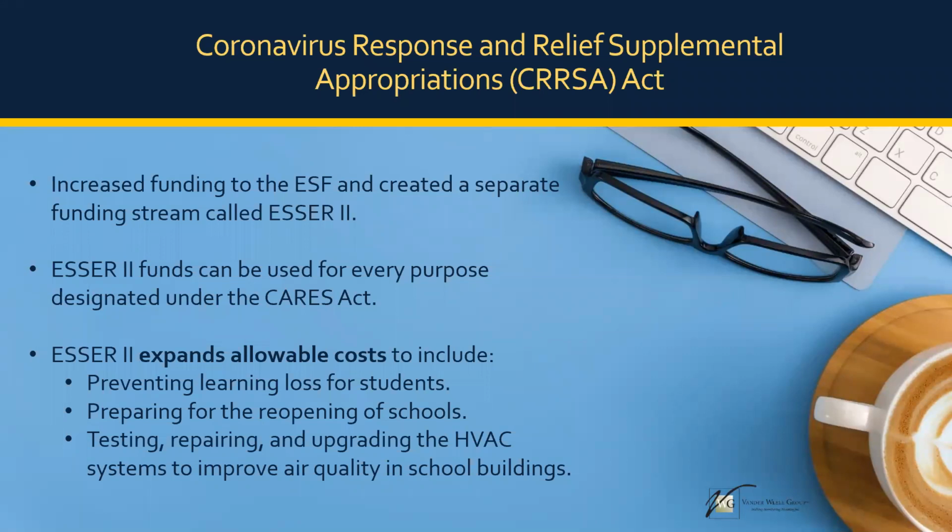So the second legislation that was passed was the Coronavirus Response and Relief Supplemental Appropriations, or CRRSA. It increased funding to the Education Stabilization Fund and created a separate funding stream called ESSER 2.